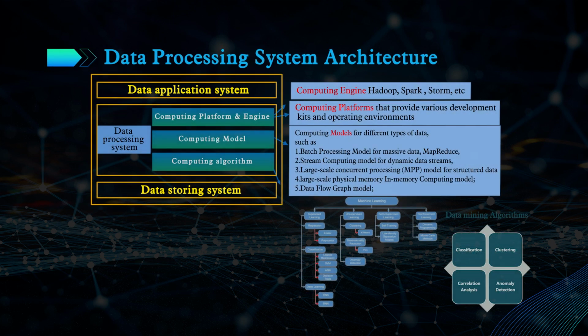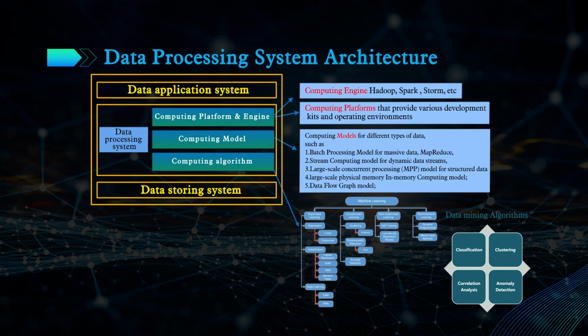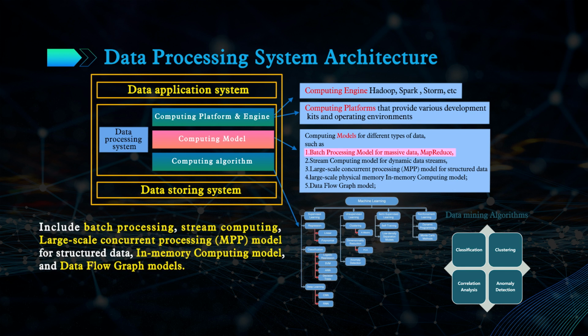From the perspective of computing architecture, the data processing system is divided into data algorithm layer, computing model layer, computing platform and engine layer, etc. Computing models are the way that different kinds of big data is processed in different scenarios, which include batch processing, stream computing, large-scale concurrent processing (MPP) model for structured data, in-memory computing model, and data flow graph models.